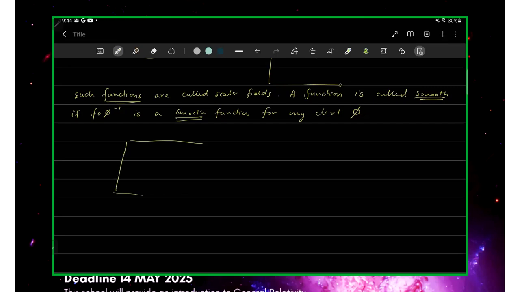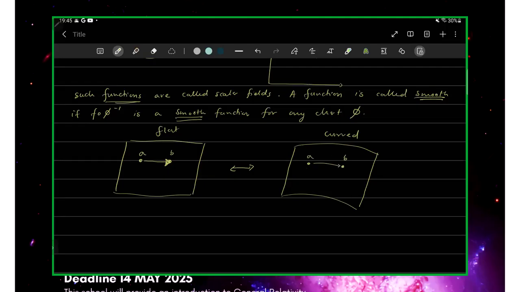When you have, let's say, a flat space, so let me define this as flat space, and this is curved space. My drawing is not really accurate, but I hope you understand what I'm trying to get at. If I have a vector that is just an arrow from point A to point B on the flat space, it would not be the same as the arrow from point A to point B on a curved manifold.